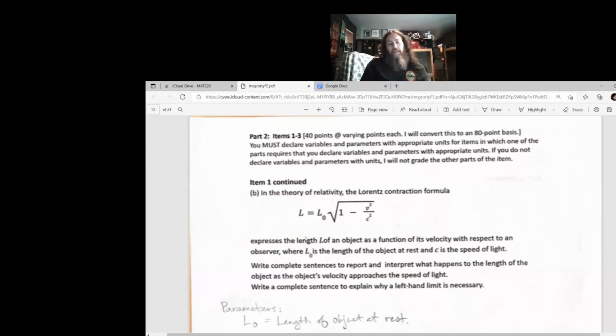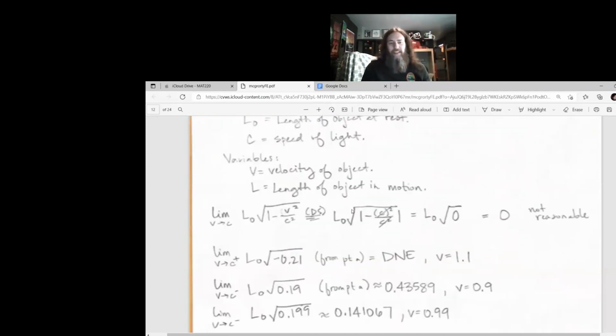So that's why we also need a left-hand limit here, because once this velocity reaches the speed of light, then the object essentially disappears to the observer, which again is probably an impossibility as far as I know. If not, we just need invisibility cloaks that just go really fast. Anyways, so that's the left-hand limit needed here.